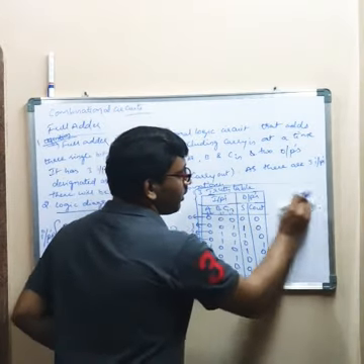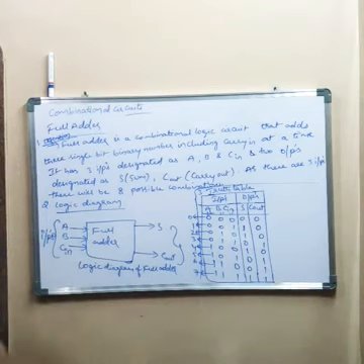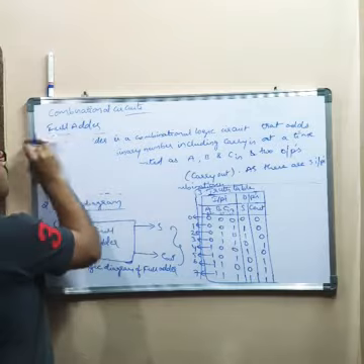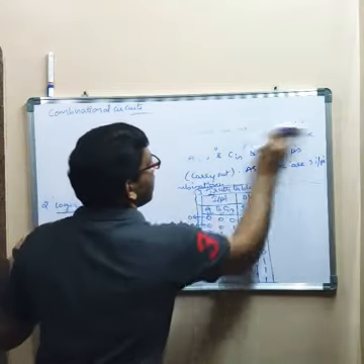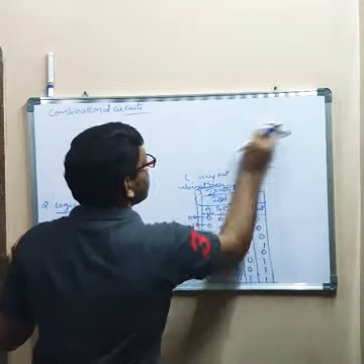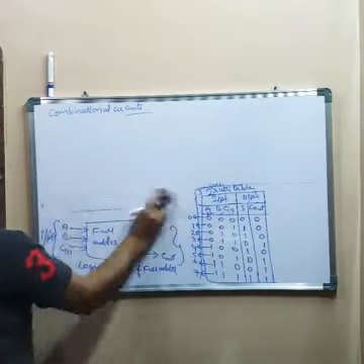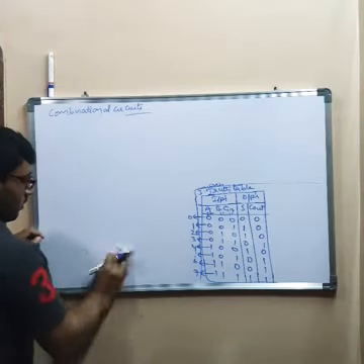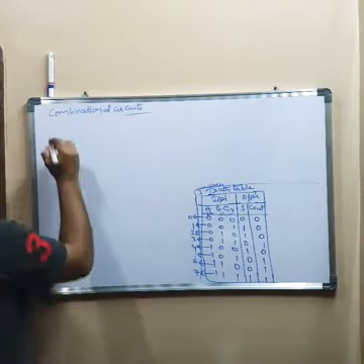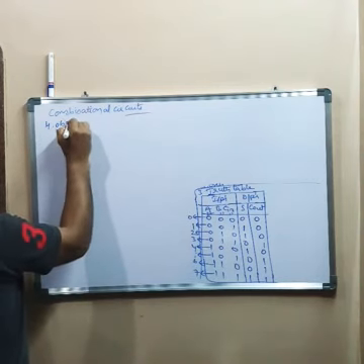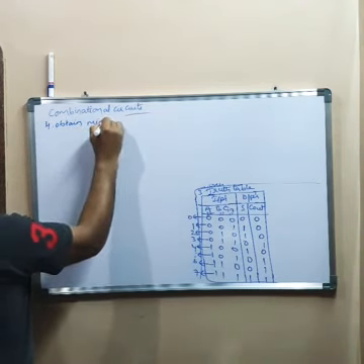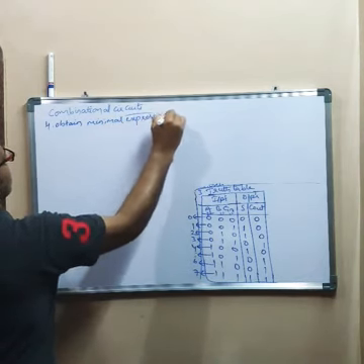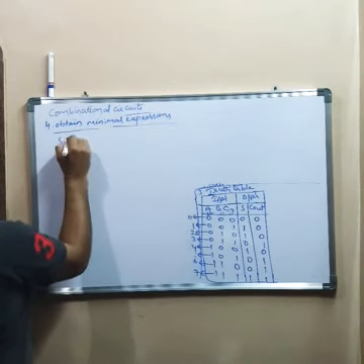By looking at the truth table, what is the next step? You have to obtain the minimal expressions. Fourth step is obtain minimal expressions. So what is the expression for sum?